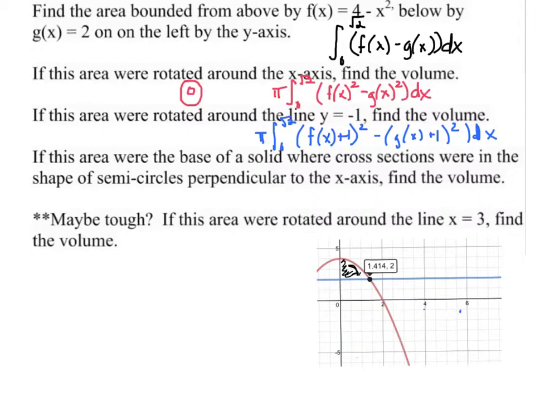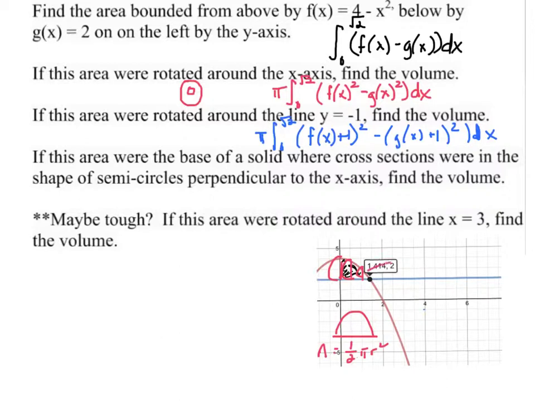Okay, when we go on to the next one, if this area were the base of a solid where cross sections were in the shape of semicircles perpendicular to the x-axis. So we're building semicircles off of this. Let's just remember a semicircle. The area is 1/2 pi r squared.